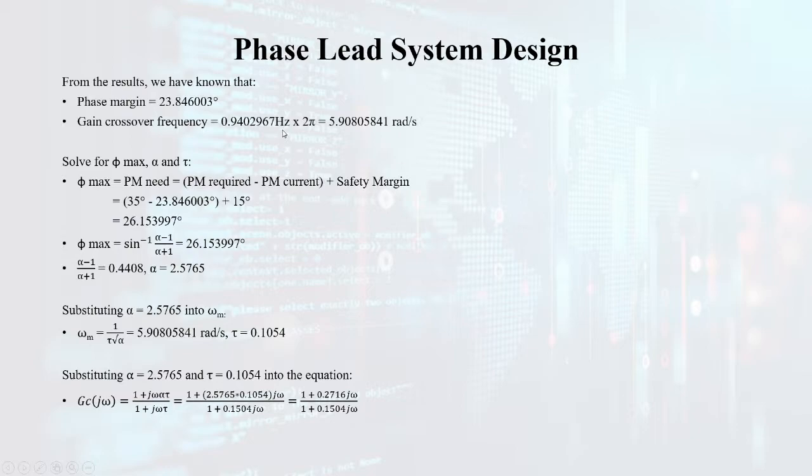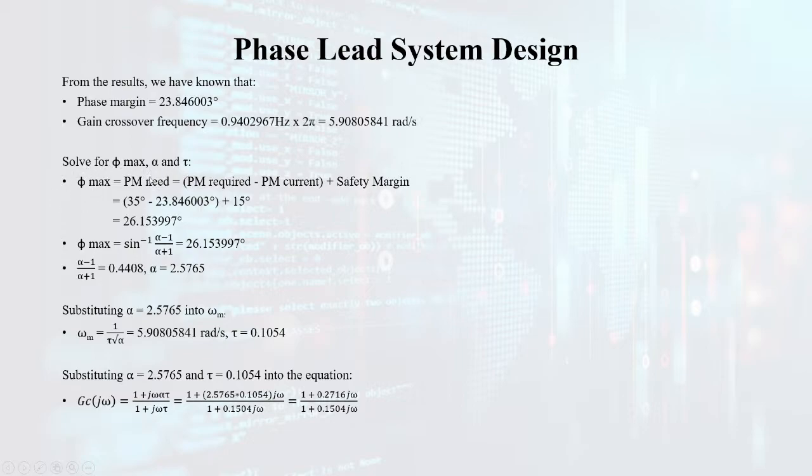Since this answer we got from Scilab is in terms of frequency, and what we need is in terms of omega, we have to multiply the answer by 2 pi, and after that we have gotten 5.9080581 radian per second. After this, we have to solve for the phi max, the alpha, and the tau.